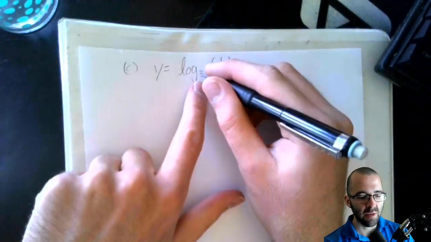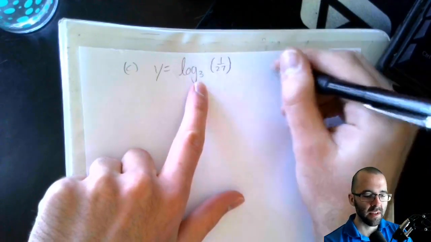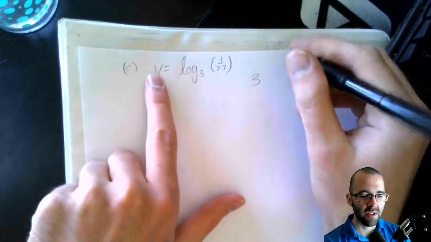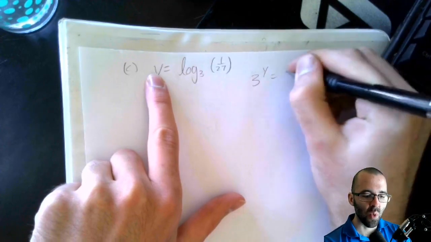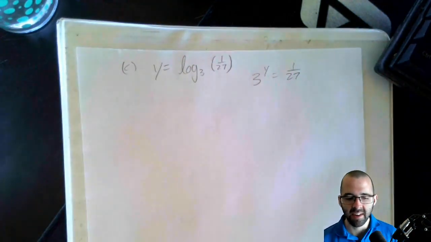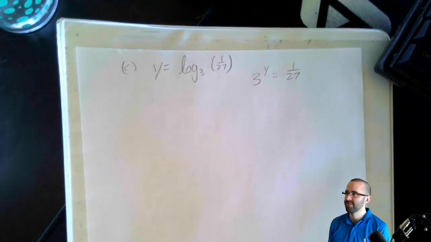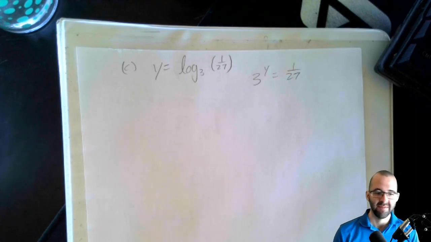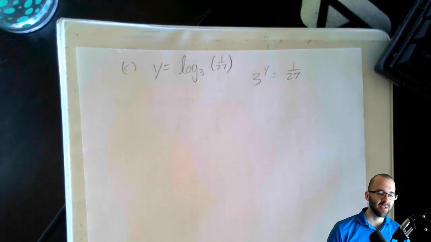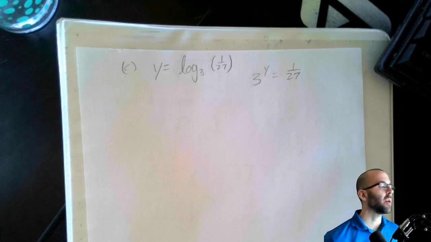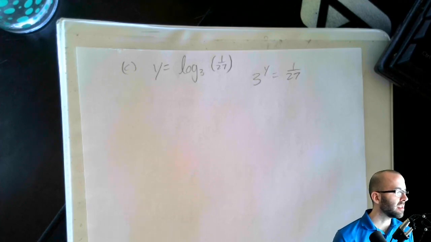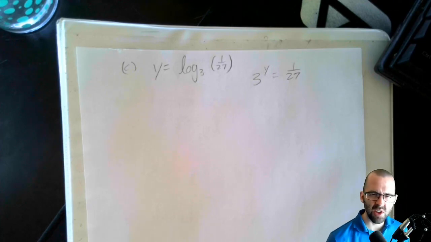So again, we just say base of the logarithm's 3. That's going to be the base of our exponential. 3 to what power is 1/27th? So again, 3 to the first power is 3. 3 squared is 9. 3 cubed is 27. That's close, right?